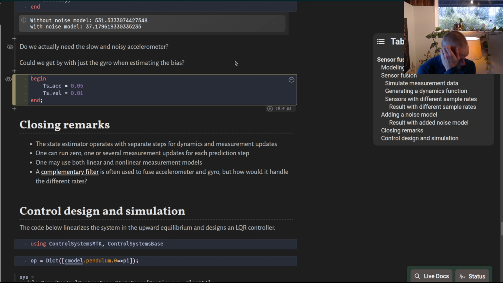A complementary filter performs high-pass filtering of the gyro to remove the drift and low-pass filtering of the accelerometer to remove the noise. But how would you use a complementary filter if the sensors are operating at different rates? Right? So that's slightly more difficult.